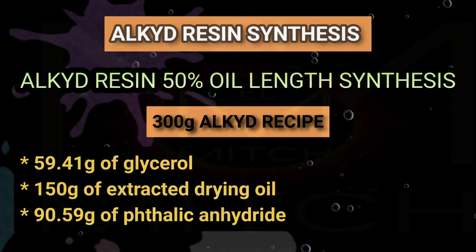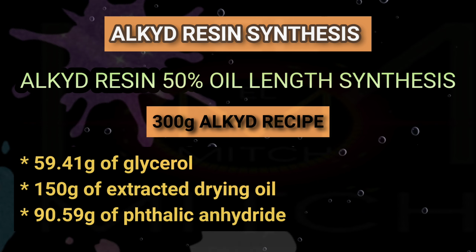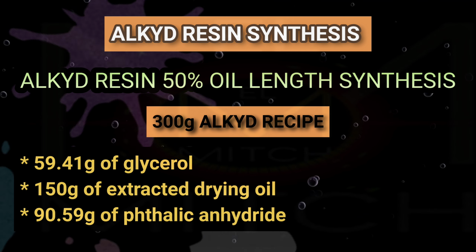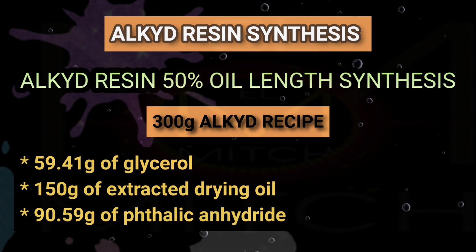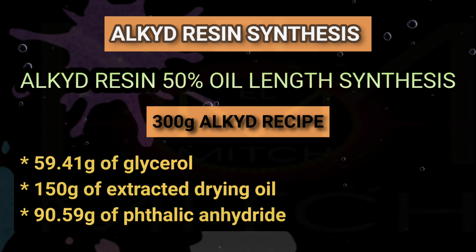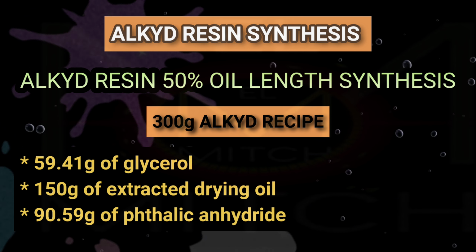From my calculation, I need 90.59 gram of acid anhydride, that's benzene 1,2-dicarboxylic acid, and I need 59.41 gram of the glycerol, that's the propane 1,2,3-triol, and my drying oil, I need about 150 gram for the 50% oil length alkyd resin grade.